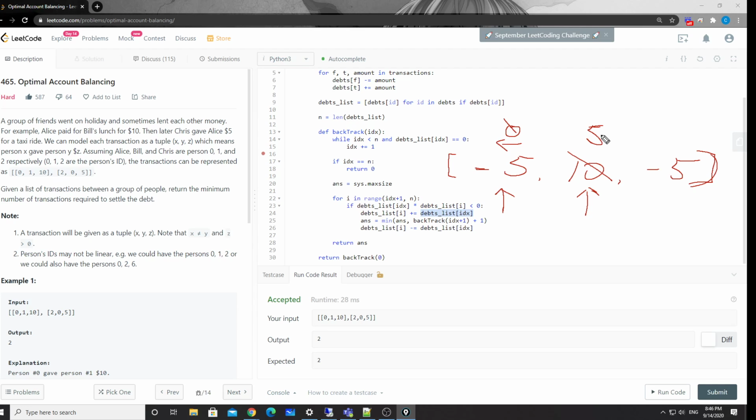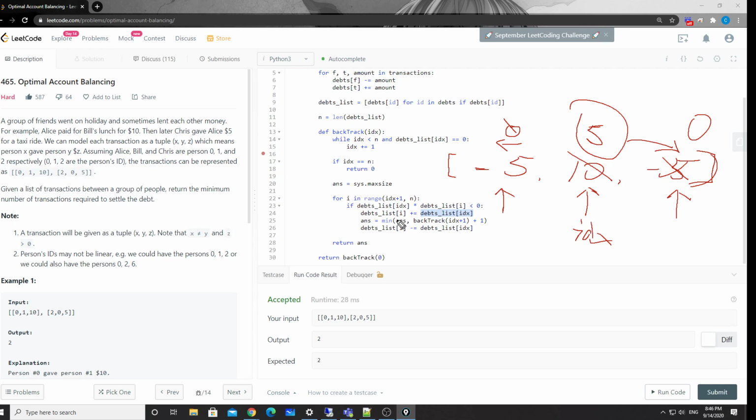Same thing for this. Now we're at this index, and this one is 5. Now we're trying to settle with the next one, and this one now becomes 0. But here it's still 5. We're not changing this 5 to 0 because we are always looking forward.